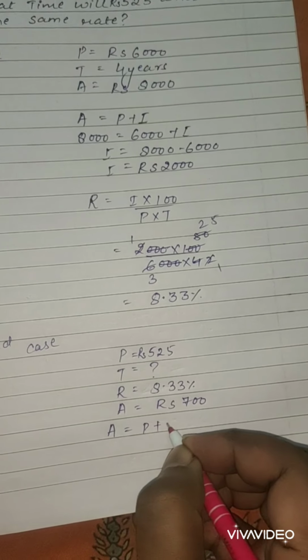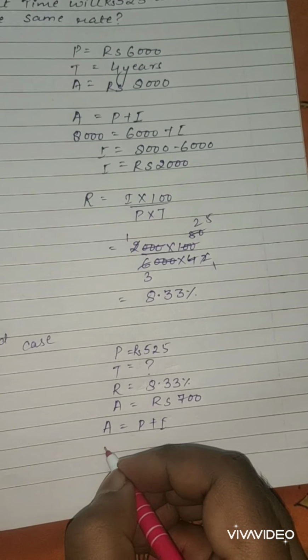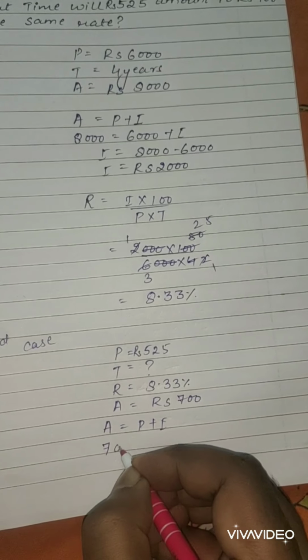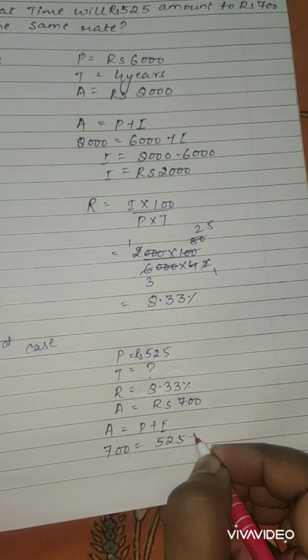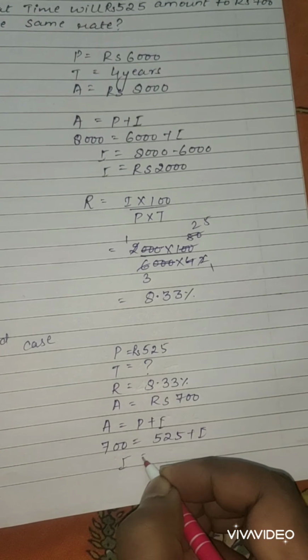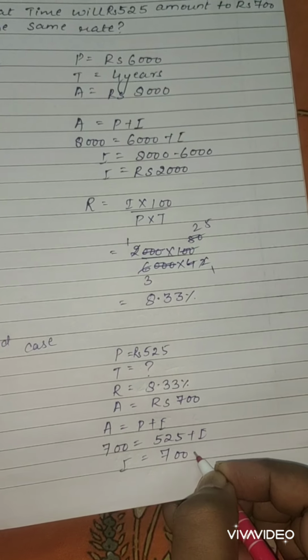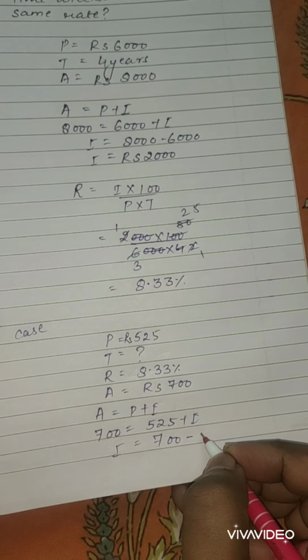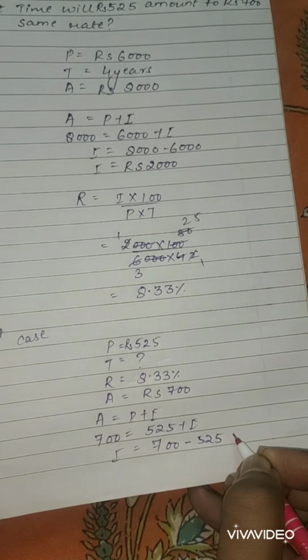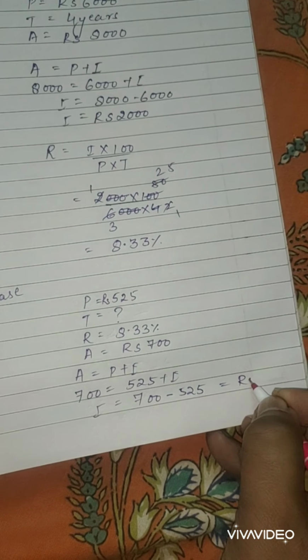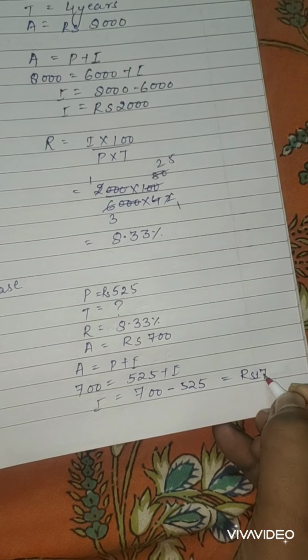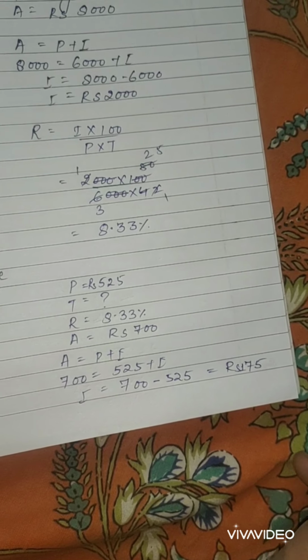Amount is equal to P plus I. So amount is 700, principal 525, then interest. So I is equal to 700 minus 525, and you will get rupees 175 here.